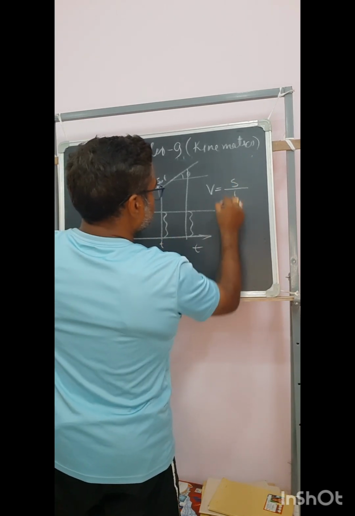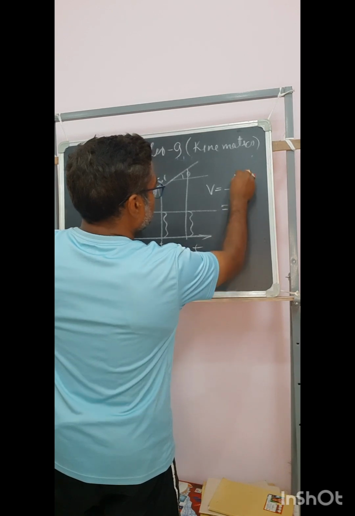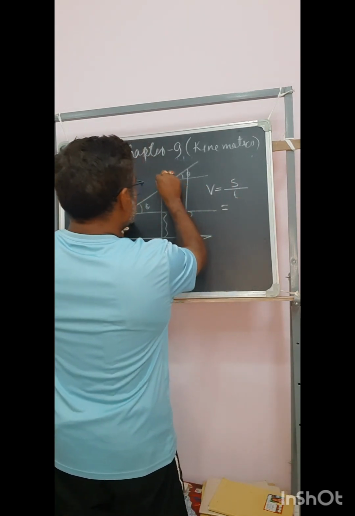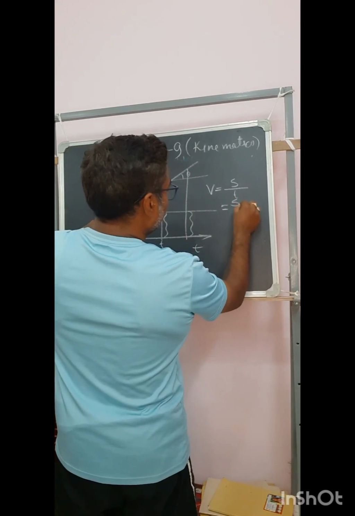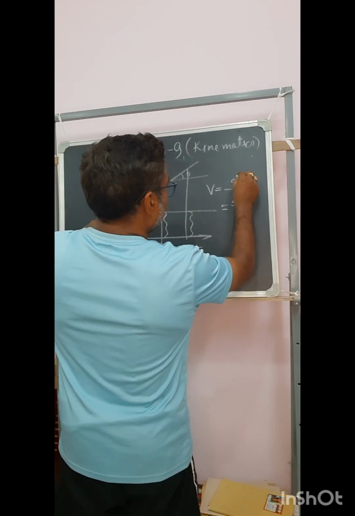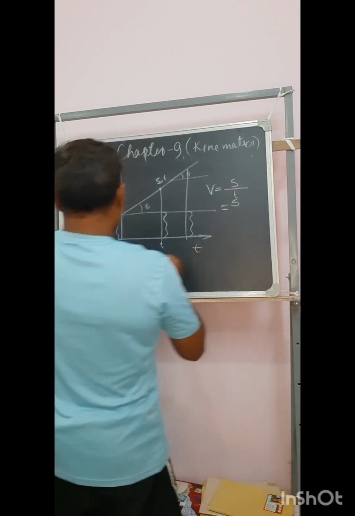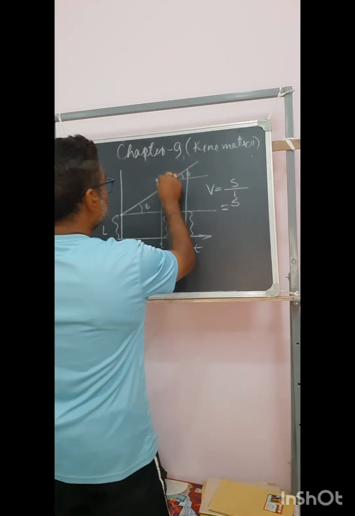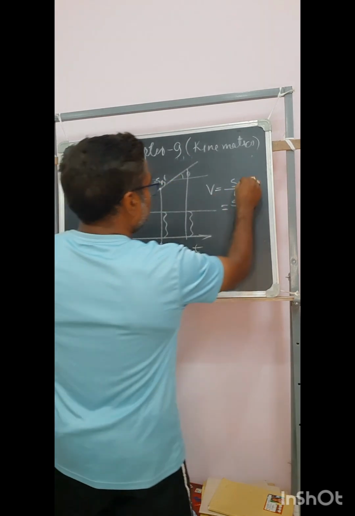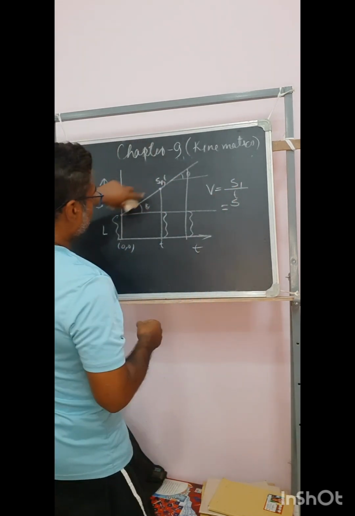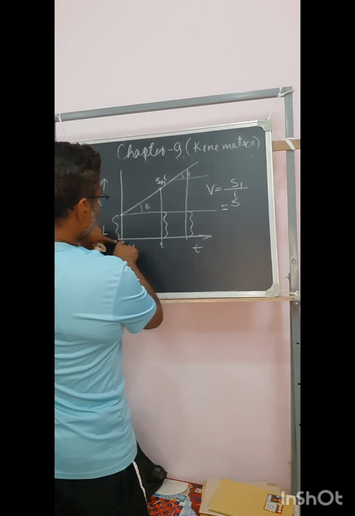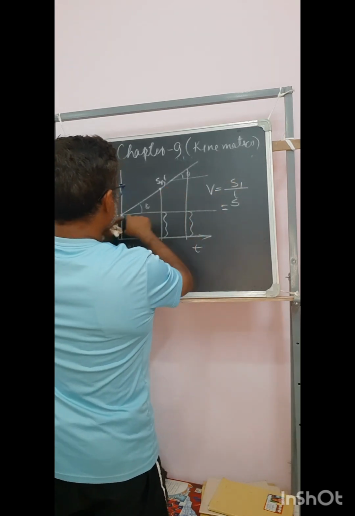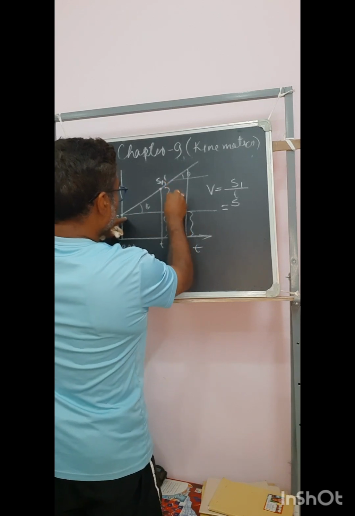But what is s exactly? That total s is not variable. Let's say this is L, and this is S1. So S1 by T: for the curve, from the 0 point, for the time spent, what would be your distance traveled?